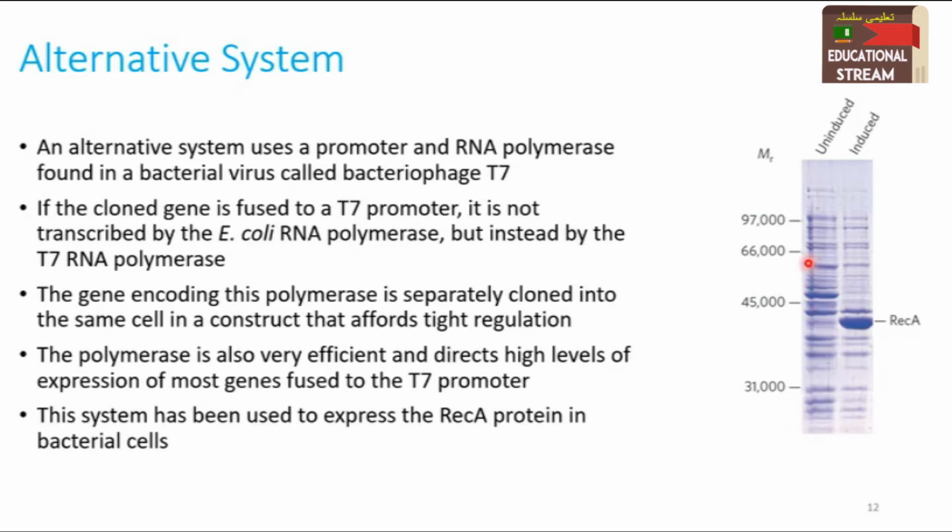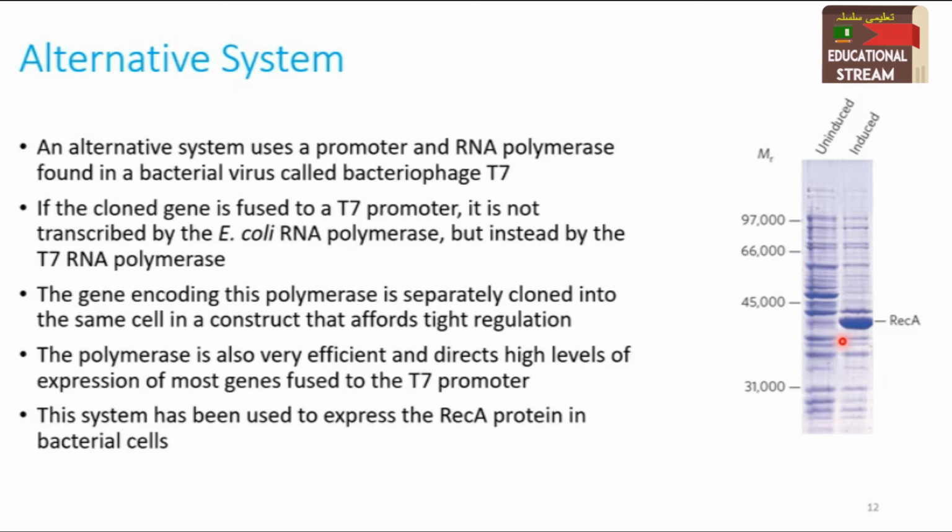Under normal conditions, which we can call the uninduced condition, you can see there are many bacterial proteins but no RecA protein appears. When the expression of the T7 RNA polymerase is induced in the cell, the RecA gene is expressed because the RecA gene is under the control of the T7 promoter.